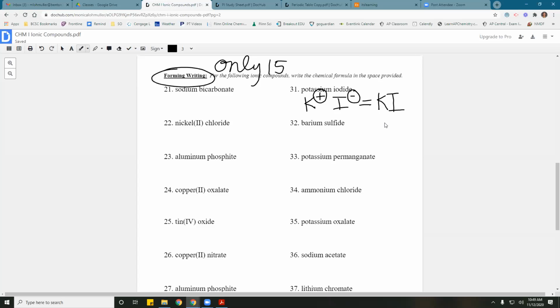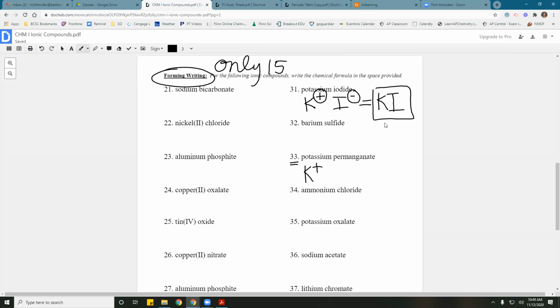So potassium iodide, the answer is KI. Okay, so it's really nice when the charges balance out. Now let's look at, for example, number 33. Because it has potassium, let's just speed up the process. So for 33, potassium permanganate, we know potassium from 31 is K with a +1 charge.